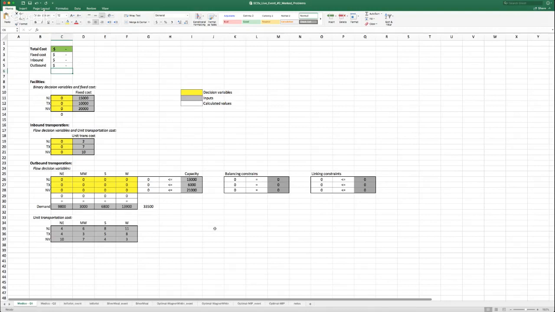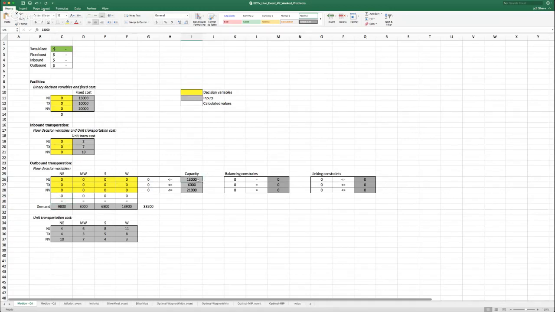Okay, so what else do we have in this spreadsheet? The demand. This is the demand that we have, and we have to make sure that all that is provided to the different markets is equal to the demand. So basically, the sum of each column should equal the demand.